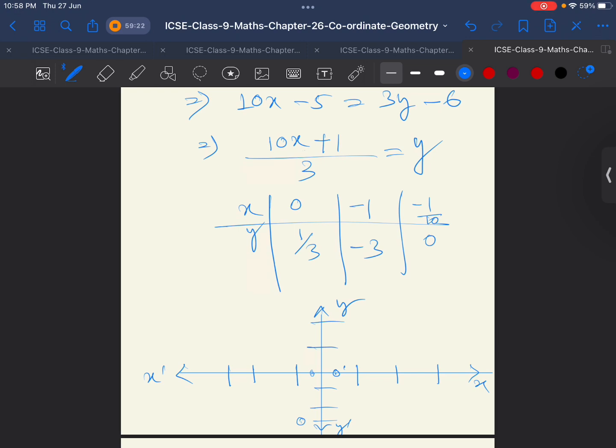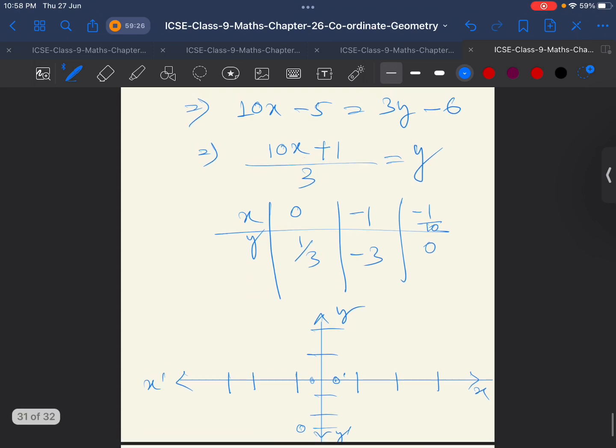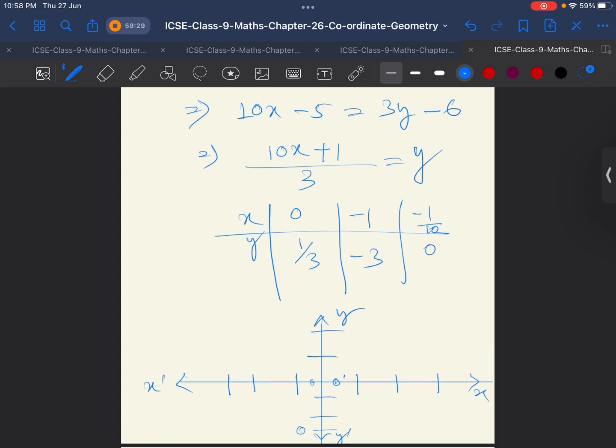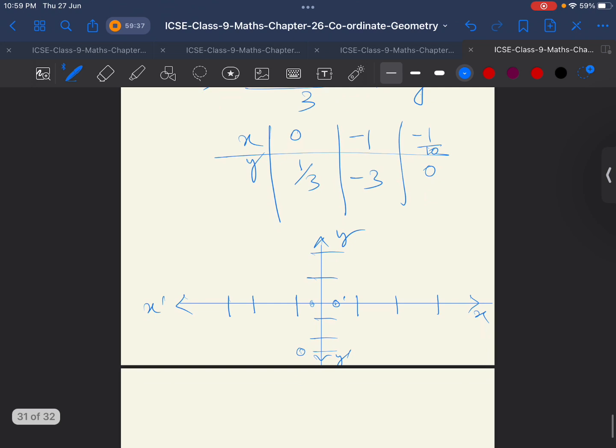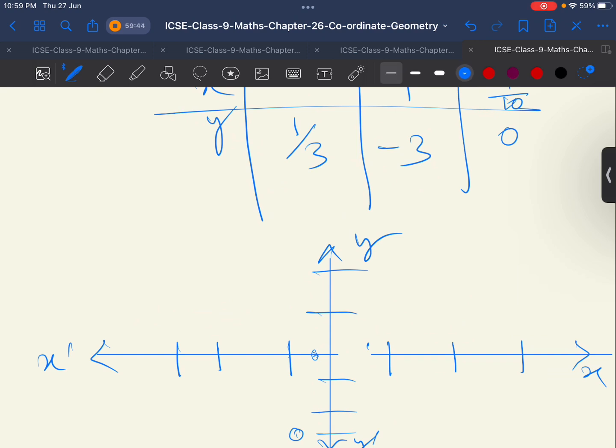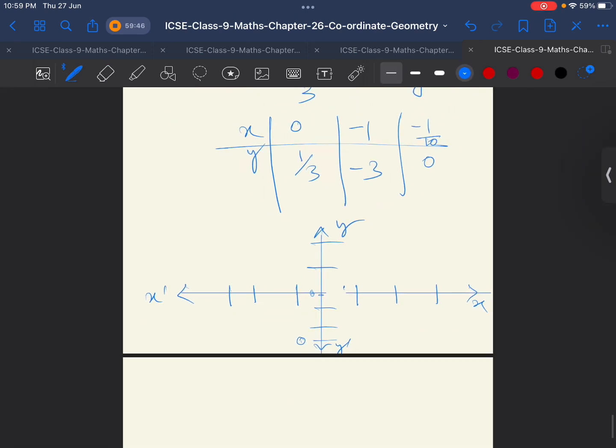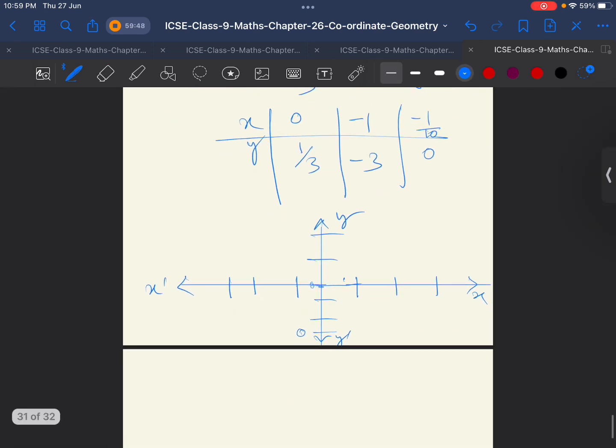When x is minus 1, y is minus 9 by 3, minus 3, and when y is 0, then x will be minus 1 by 10. So 0, 1 by 3 point is here.